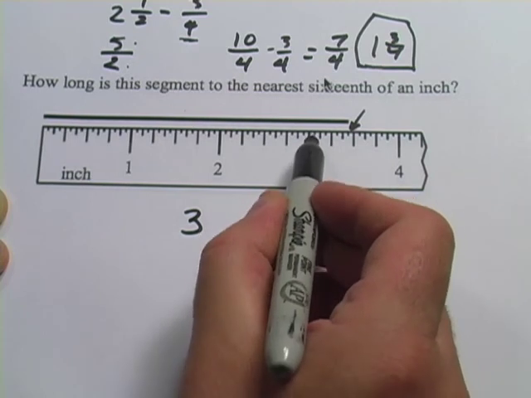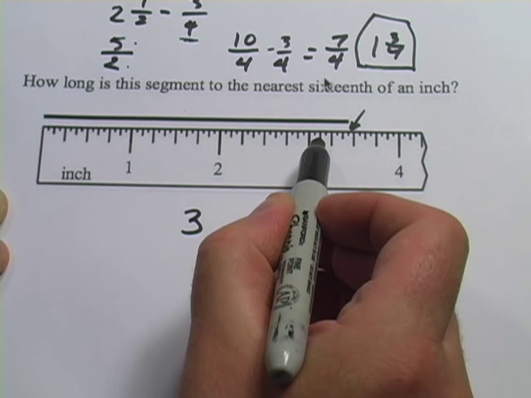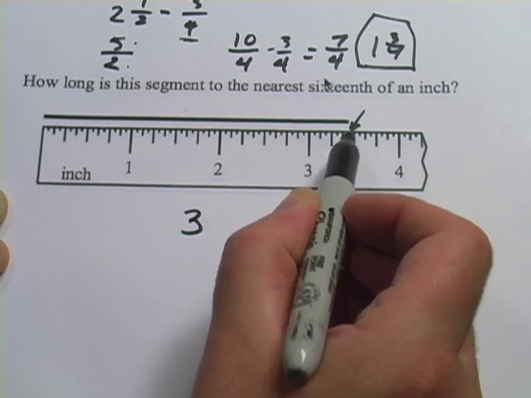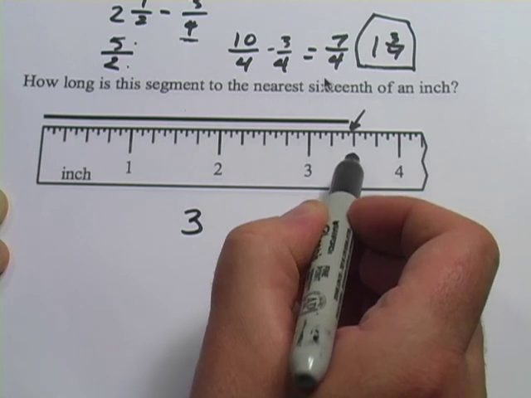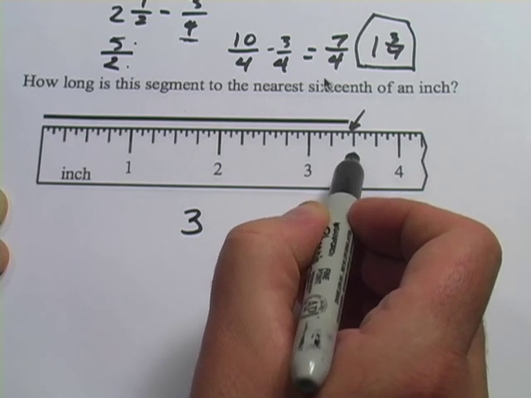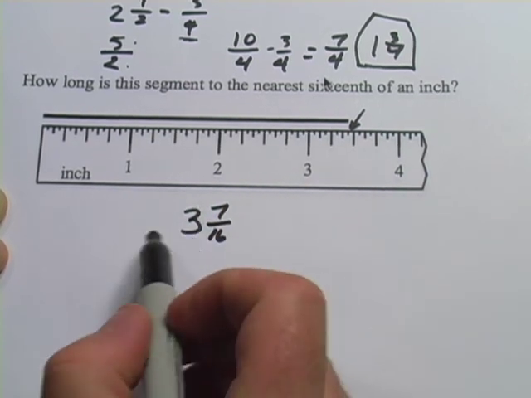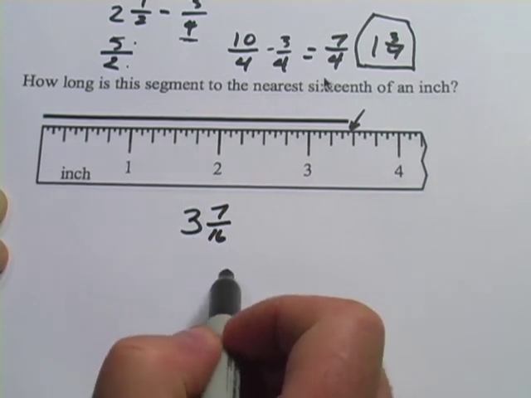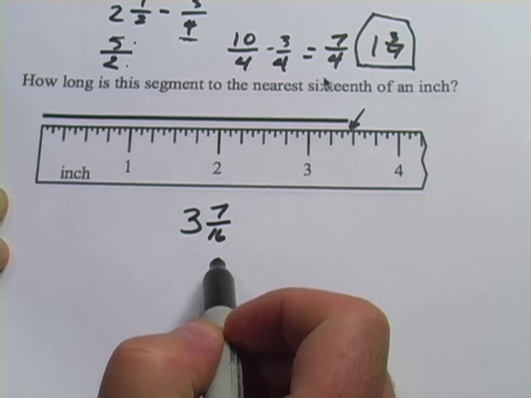It's easy enough to count the 16th marks to get up to that point. 1, 2, 3, 4, 5, 6, 7. So that looks like 7/16. It's right ahead of the half mark, which would be 8/16. So that makes sense that this is 7/16. So the length of the segment is 3 and 7/16. So that's a little bit of practice with the inch ruler.